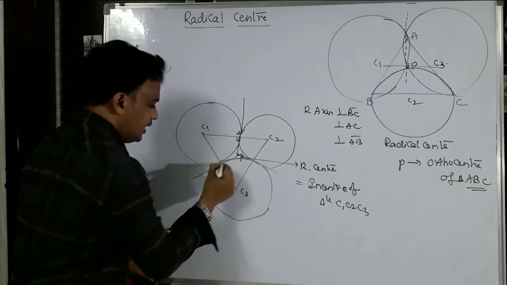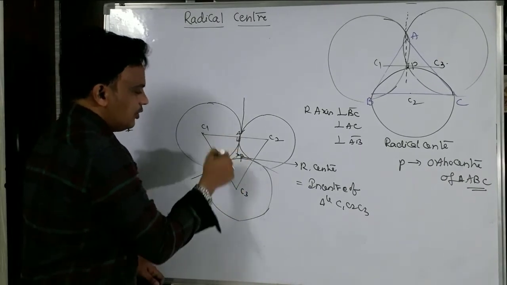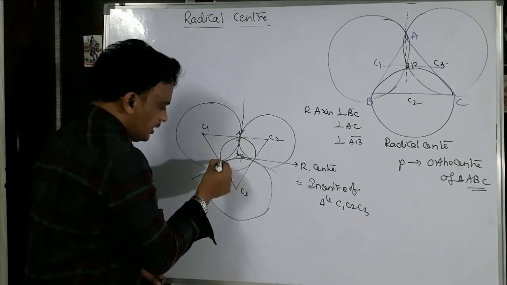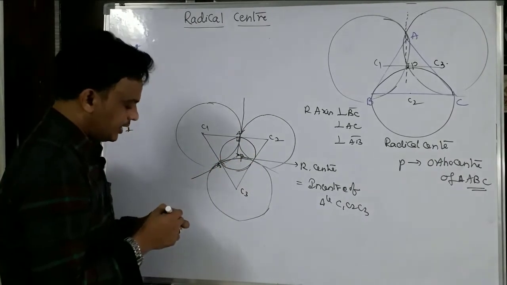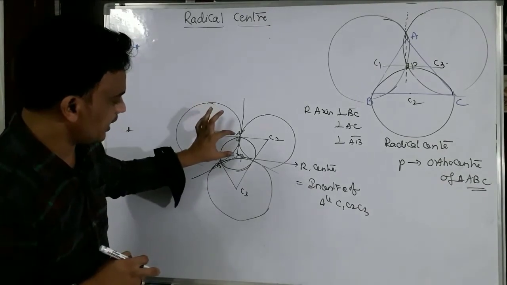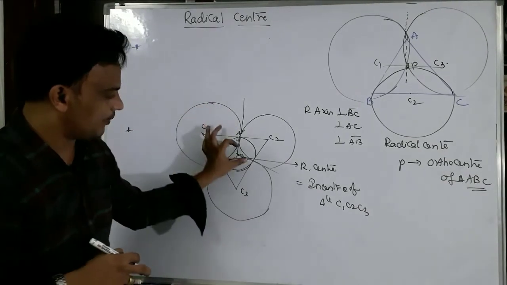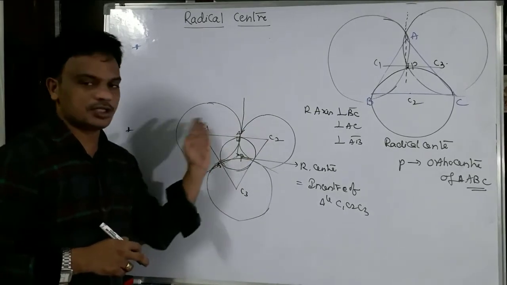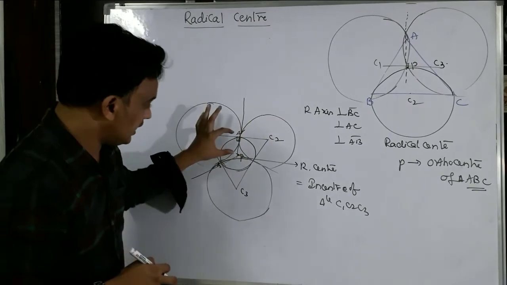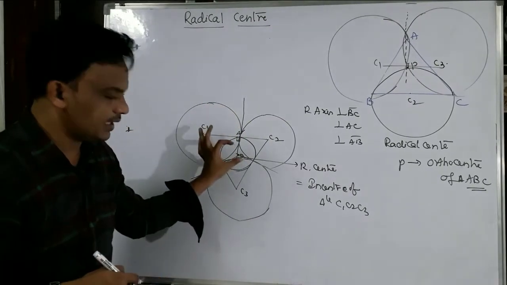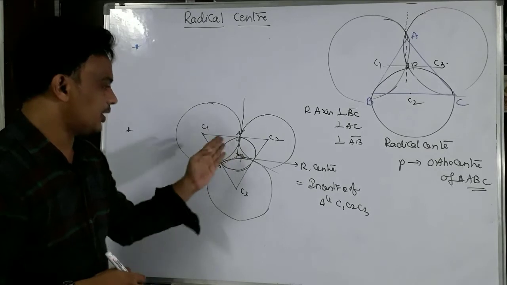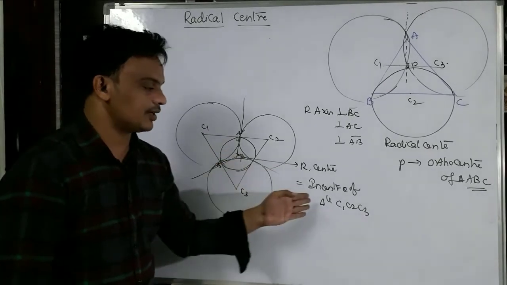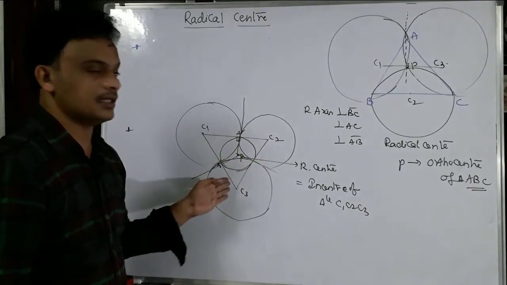Let me call the points A, B and C. If you draw this, you will get the incircle. The length of the tangent from the radical center to the circle is the same, and it is already perpendicular, so this radical axis is perpendicular to C1C2. PA, PB and PC are the inradius. So the point P is the incenter of the triangle C1, C2 and C3.